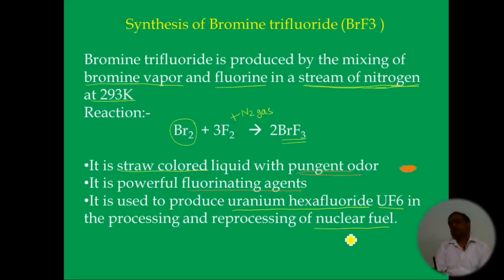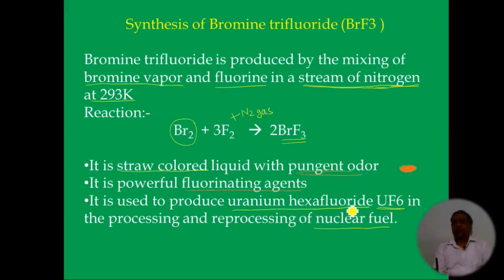Uranium is used as a nuclear fuel, and it can be extracted by using fluorine. So we are going to convert uranium into uranium hexafluoride.